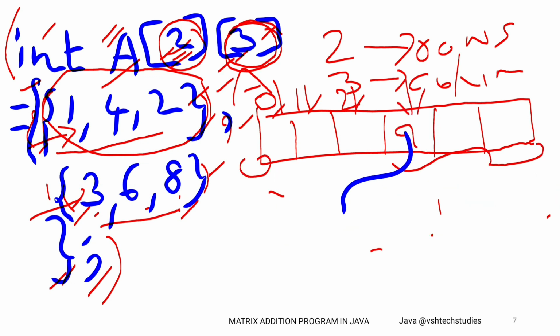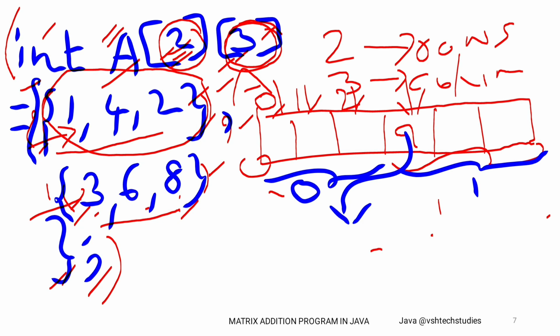Now what is the index of this memory location? This was the first row. This is the second row. First row index is 0. Second row index is 1. In that, first column means index is 0. Second column means index is 1. Third column means index is 2. Hence, for this one, it is the second row, so row is 1.